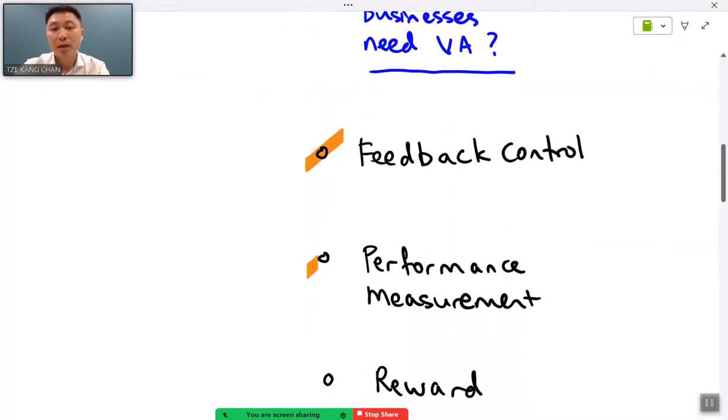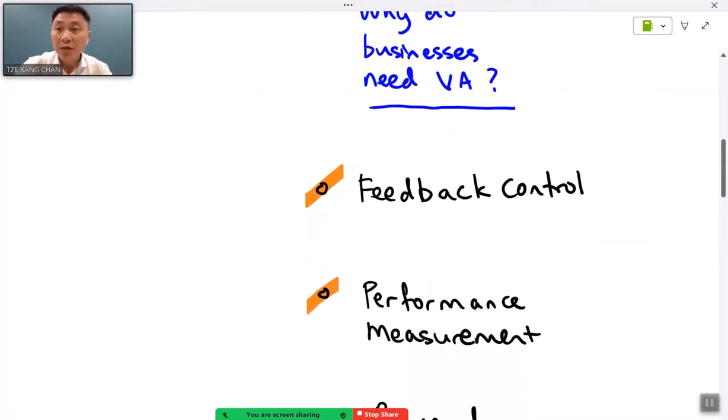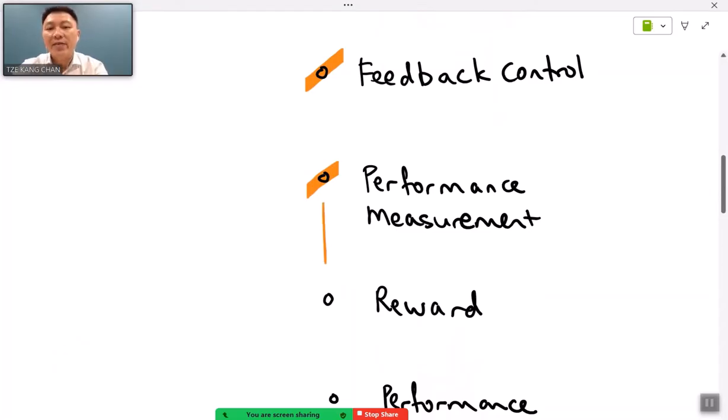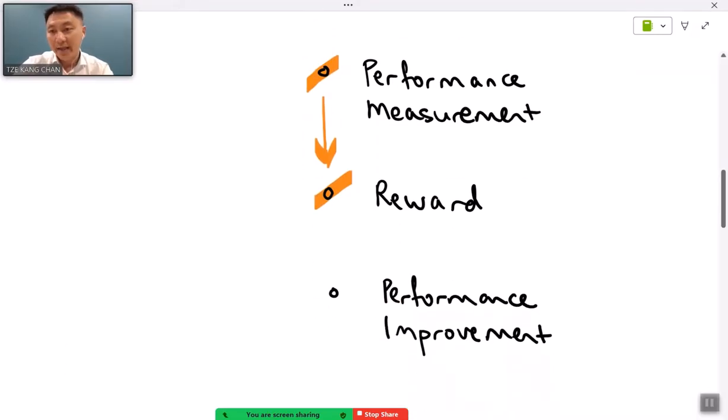Second, it provides one of the common mechanisms for assessing and measuring the performance achieved by a business organization, which then leads to the design and development of reward systems applicable to respective staff members within the firm. Finally, with all the feedback control information, it gives businesses a better understanding of ways to improve performance moving forward.